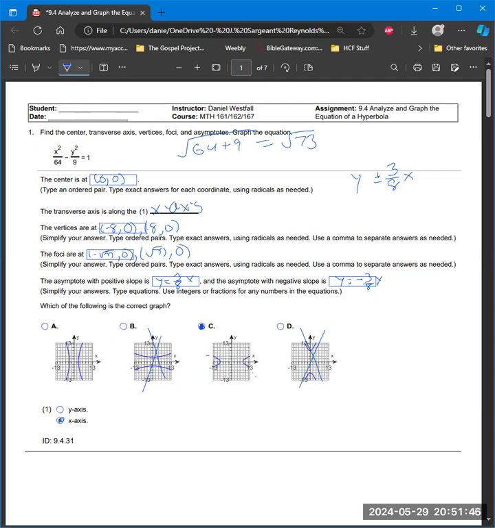Then you're going to go up 3, and you're going to see -8 and 8 and 3, and you're going to make a box here. You can see the asymptotes will go corner to corner from that box like that, and corner to corner like this will be the asymptotes.